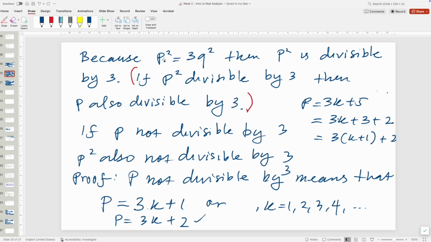Okay, after this, you get the statement p square divisible by 3. Then, p is also divisible by 3. Yeah? Okay?